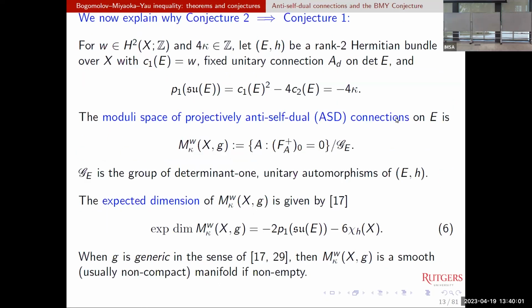Of course, the space could be empty, but the expected dimension still makes sense. One of our goals is to show that this moduli space for this very particular choice of topology and bundle is not empty. And if it's not empty, then we'll have a smooth manifold of this thing.